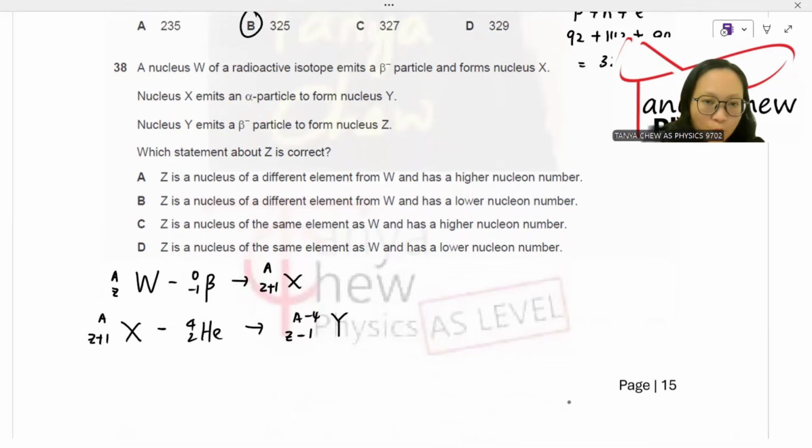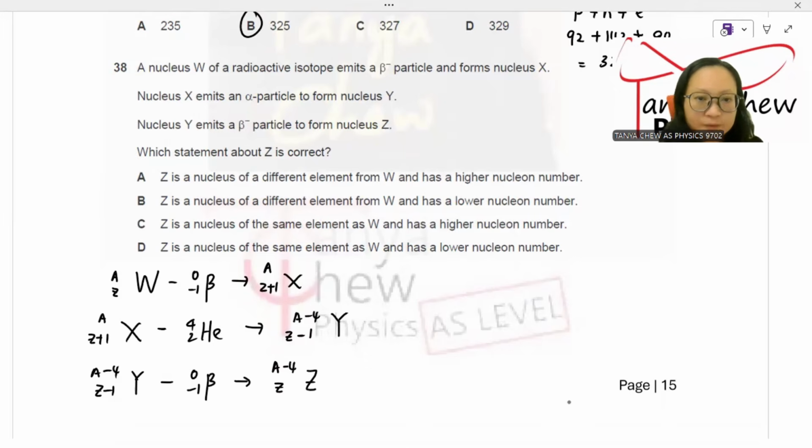And then nucleus Y, A minus 4, Z minus 1, emits a beta, 0 negative 1 beta, to form Z. Z is A minus 4, Z minus 1 plus 1 is Z. Which statement about Z is correct? Z is a nucleus of a different element from W, has a higher nucleon number.